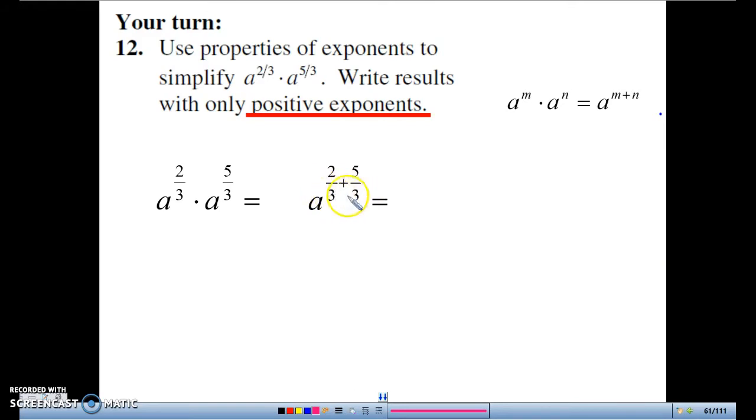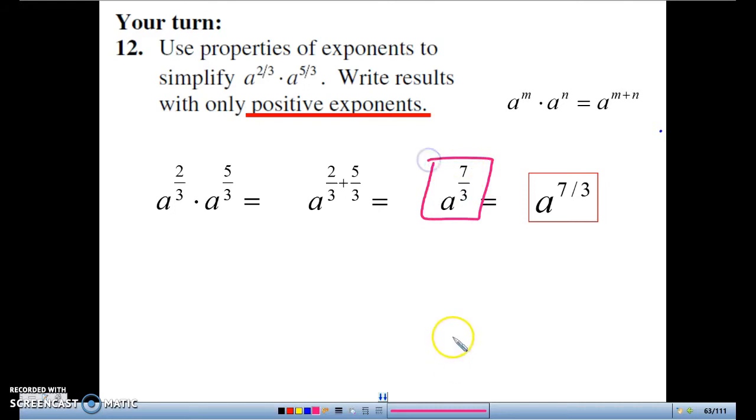Since my denominators are the same, I've got 2/3 plus 5/3. That gives me 7/3. And now let's see, it does say write the answers with positive exponents. That's our answer. I prefer the fractions written that way, but we'll accept both.